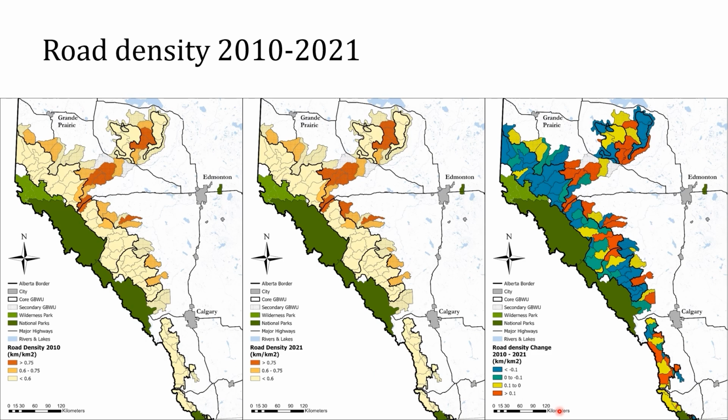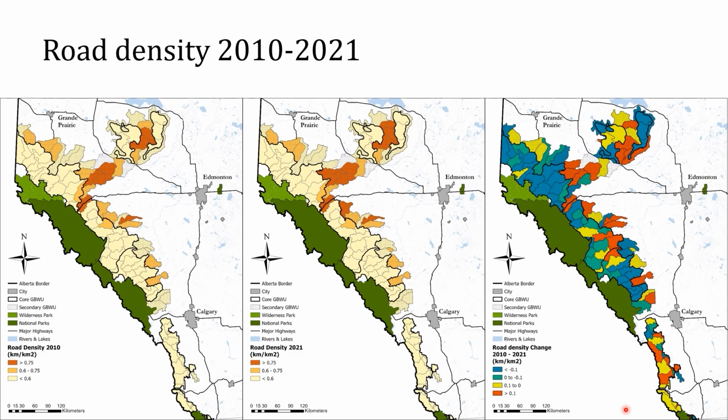When we look at it by just calculating the differences in road density across all grizzly bear watershed units from 2010 to 2021, we see that for the most part, we have reduced road density in most of our grizzly bear watershed units. Our blue and green colors represent a reduction in road density. Blue, we've reduced our road density by more than 0.1 kilometer per kilometer squared, and green, we've reduced our road density between 0 and 0.1 kilometer per kilometer squared.